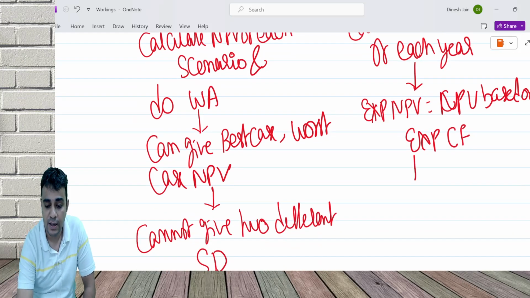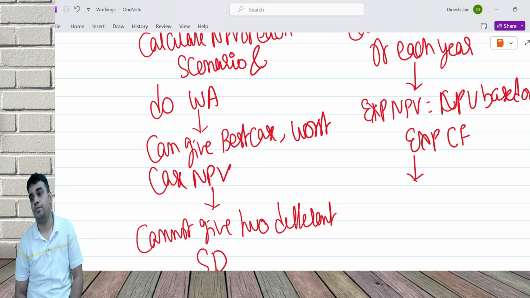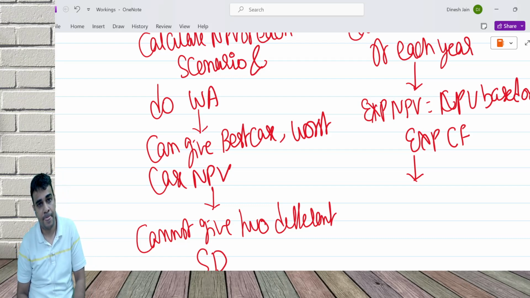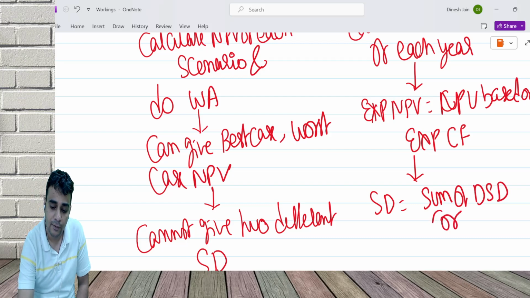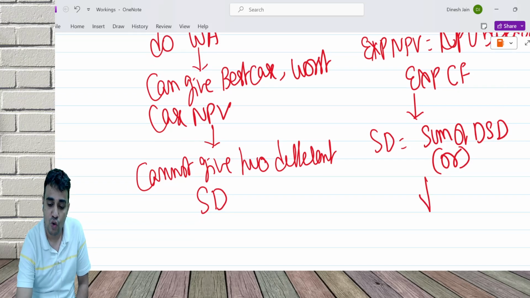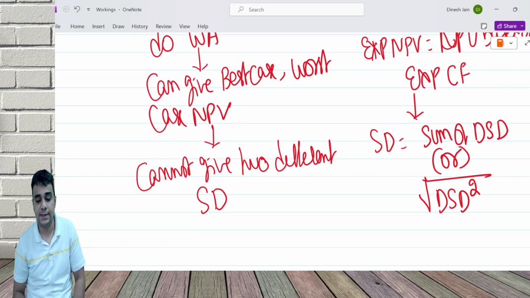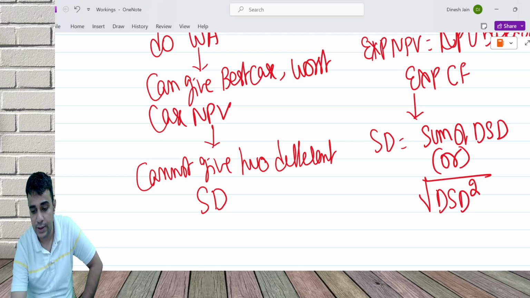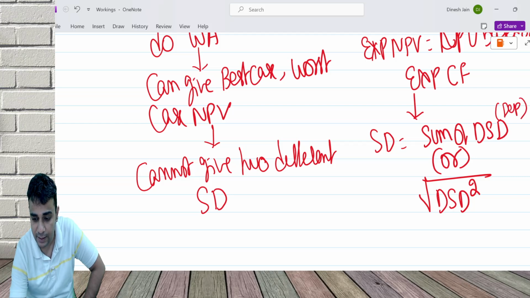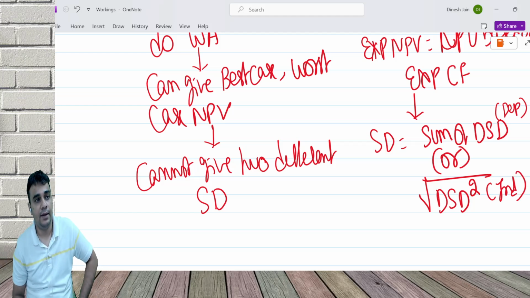SD is equal to the sum of DSD or the square root of the sum of DSD square. You know under which approach. You can just write this is dependent, this is independent.